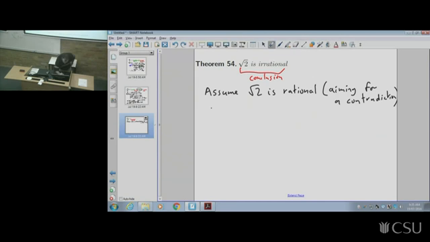We need to do a bunch of steps, and then we'll get a contradiction. That is really what we're after: to show that something just doesn't work. As soon as we get to that point, therefore, we've assumed that root 2 is rational, so if we've got a contradiction, that assumption must be wrong.